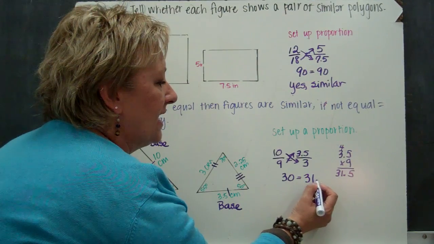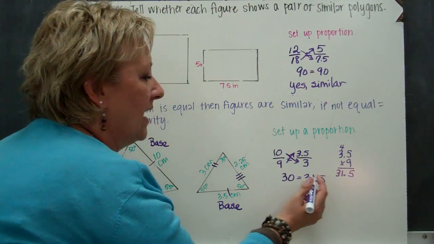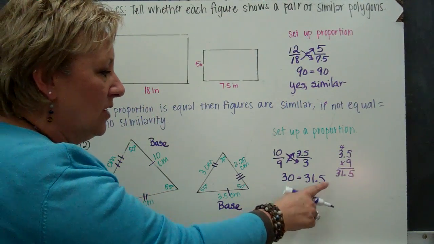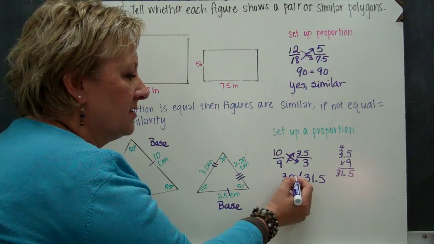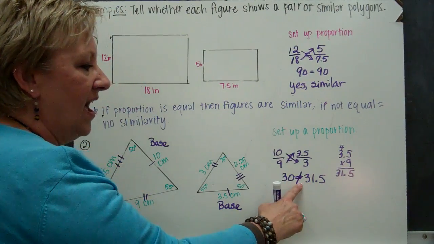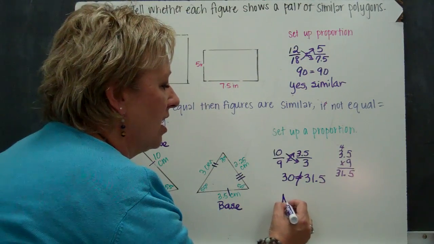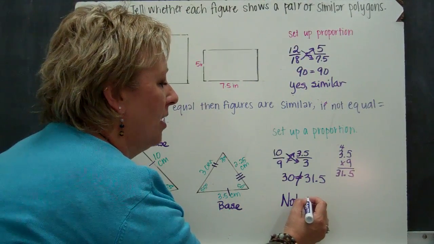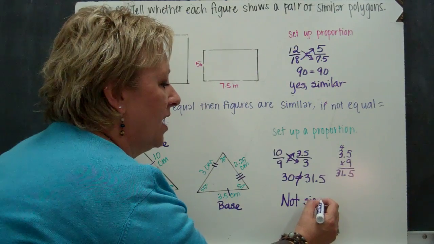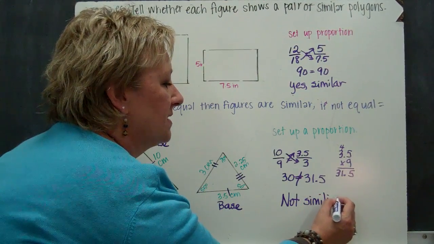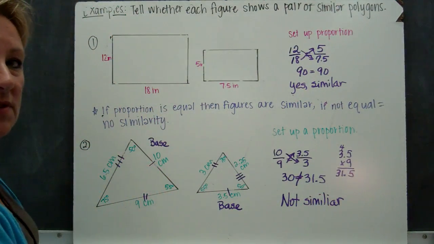And I look at it and say, when I cross multiply, 30 does not equal 31.5. So I can put a slash through the equals, and these are not similar polygons. So these will not be similar because when I cross multiply, they do not come out to the same number.